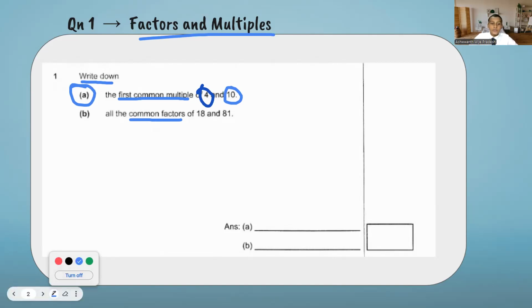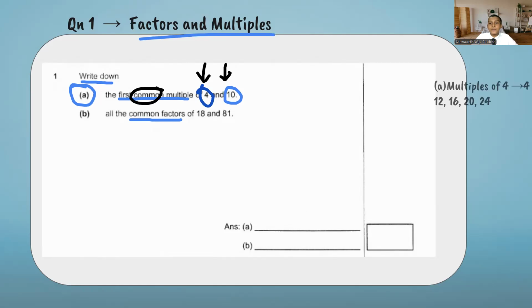So now let's look at the next keyword, common multiple. What does the word common mean? Common means a multiple that is present in both the multiple lists. So let's list out the multiples.